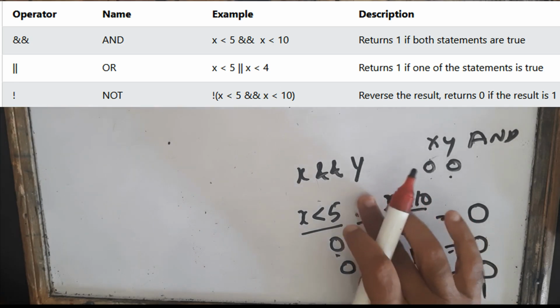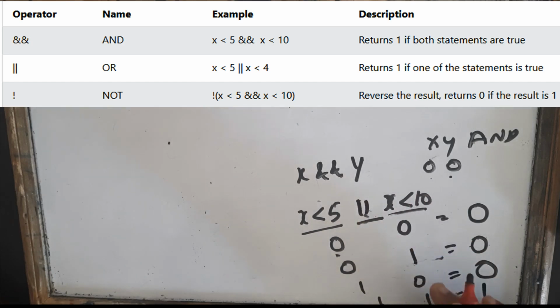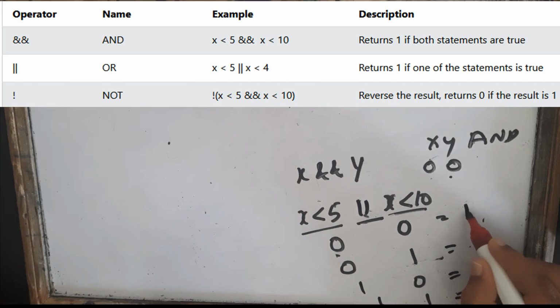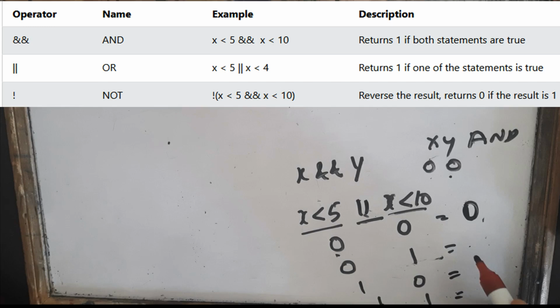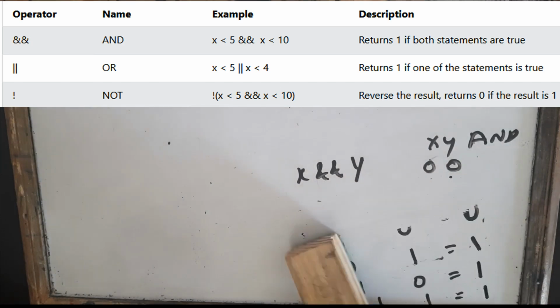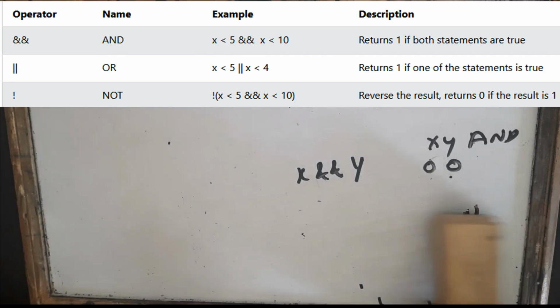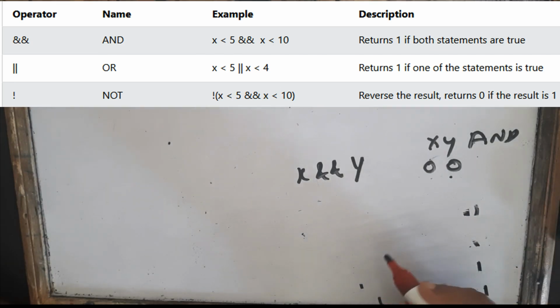And for the OR, if either of them is 1, then the answer will be 1. So this is the output for the OR operation. And for the NOT, it is different. NOT takes only one operand.